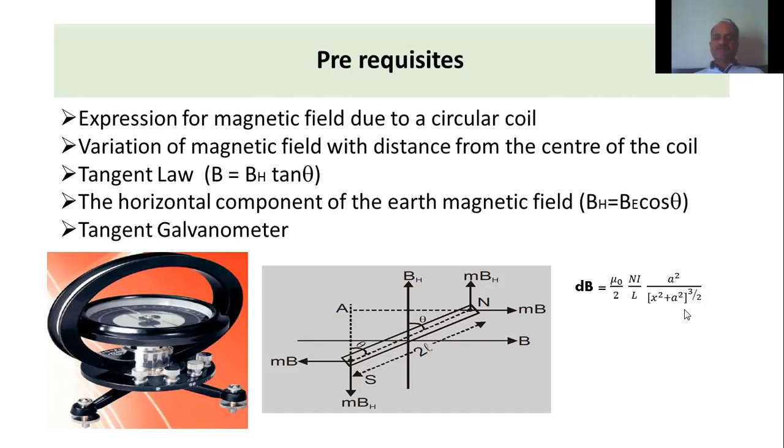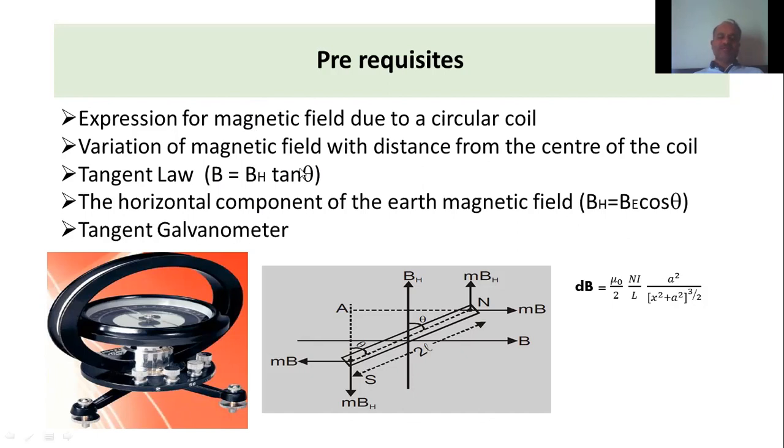These are the things present in this formula. So the variation of magnetic field with distance from the center of the coil: as you move away from the center of the coil, the magnetic field is going to decrease. And we should know what the tangent law is here.